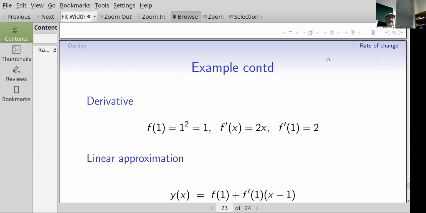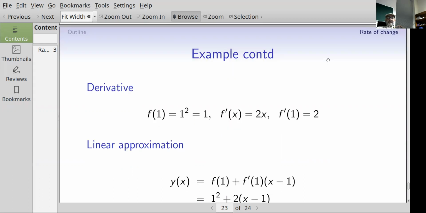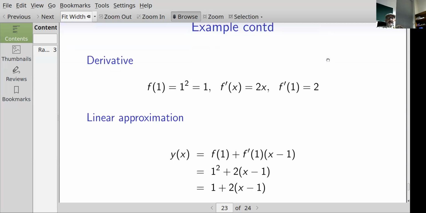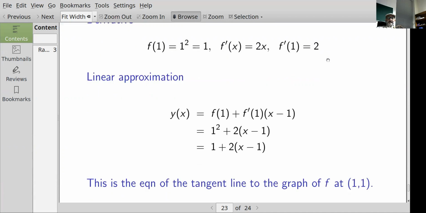Okay, so the closest linear approximation is y of x equals f of 1 plus f prime of 1 times x minus 1. And that's equal to 1 plus twice x minus 1. Okay, and this is the equation of the tangent line to the graph of f at (1, 1).